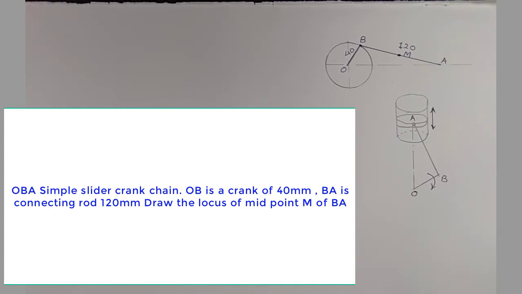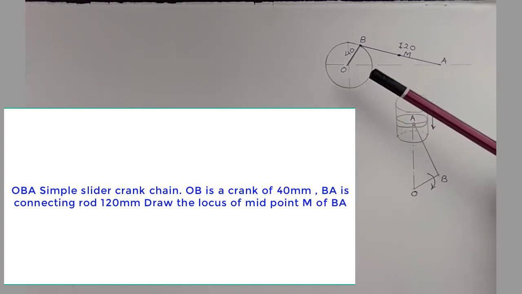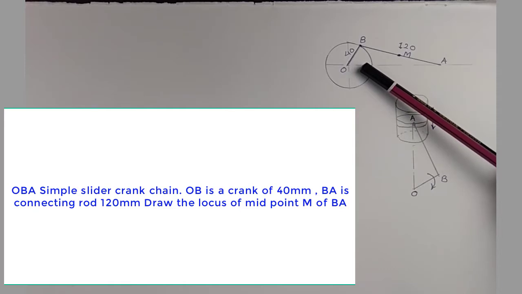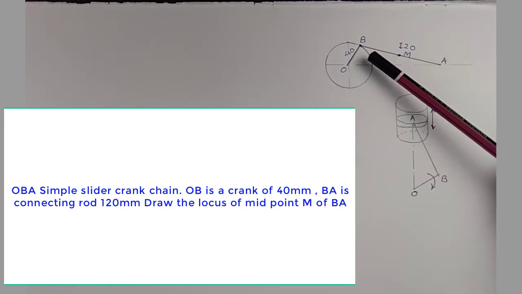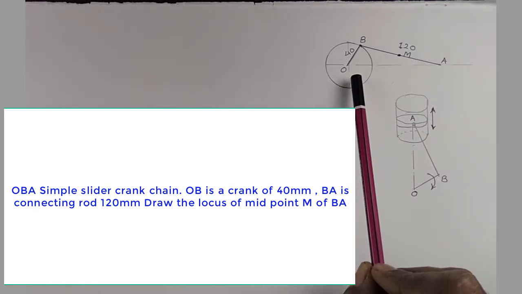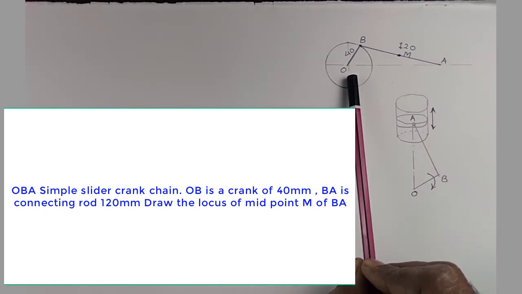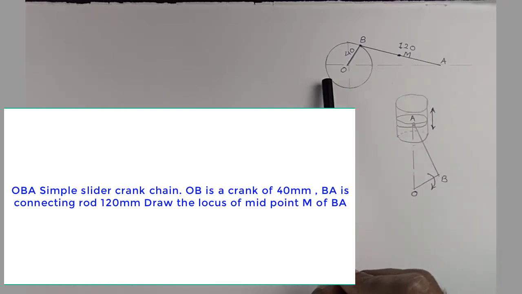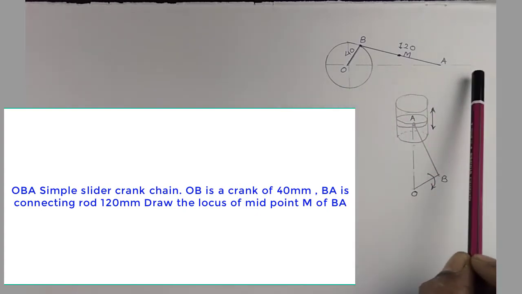Now today's problem statement: we have the crank OB of 40 mm radius and the length of connecting rod BA 120 mm, and it is our simple slider crank chain mechanism. It means the center of the crank O and our slider point A are both on the same horizontal axis.